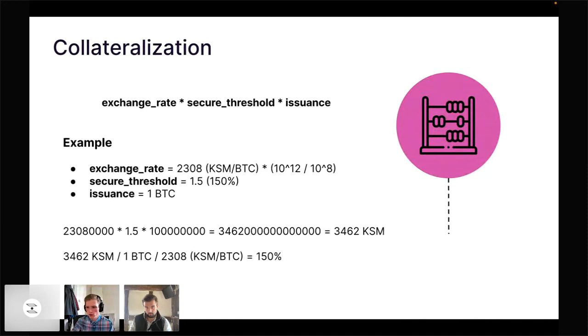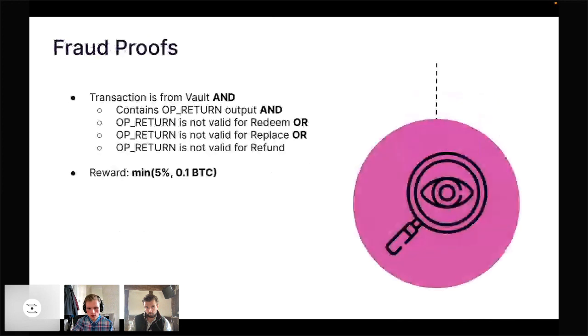The last thing to touch on from the chain perspective is the notion of fraud proofs. So one of the guarantees by the system is that the Bitcoin is always one-to-one backed. In order to do this, we need to prevent vaults from moving Bitcoin after they have received it in custody.